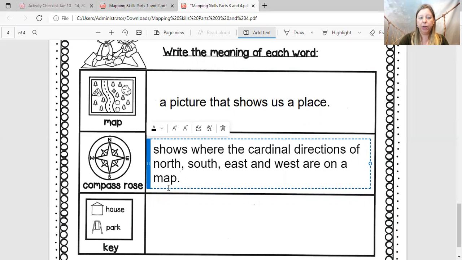So a compass rose shows where the cardinal directions of north, south, east, and west are on a map.